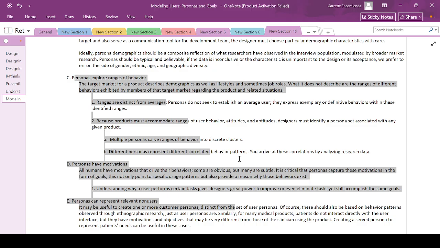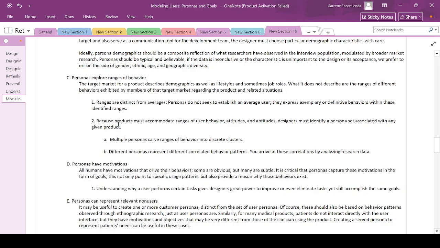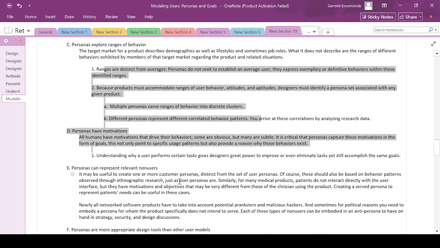What it does not describe are the ranges of different behaviors exhibited by members of the target market regarding the product and related situations. So ranges are distinct from averages. Personas do not seek to establish an average user. They express exemplary or definitive behavior within these identified ranges. So it's not an average user, but ranges.